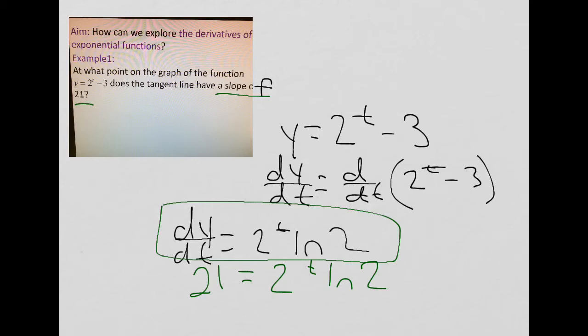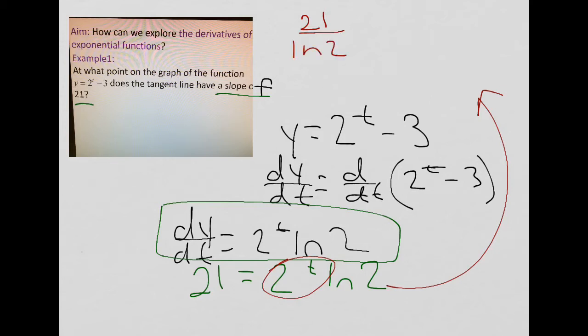All right, so I'm going to just kind of bring this up here. We need to isolate our exponential because that's where our exponent is. So we're going to divide both sides by the ln of 2. That is a number, by the way. And to get rid of our base of 2, what we do in pre-calculus and calculus, we use our natural log.